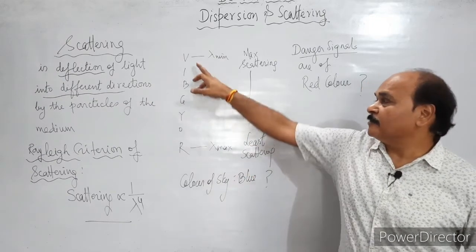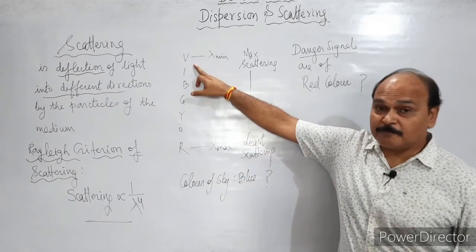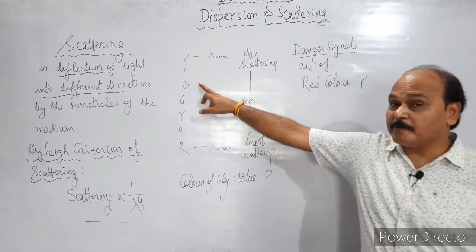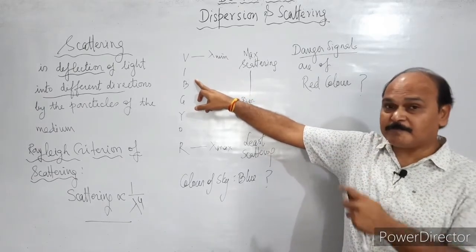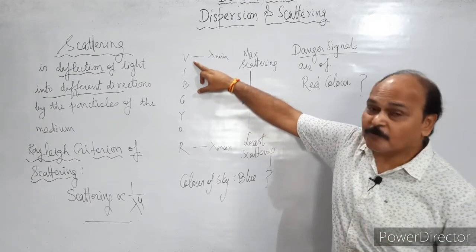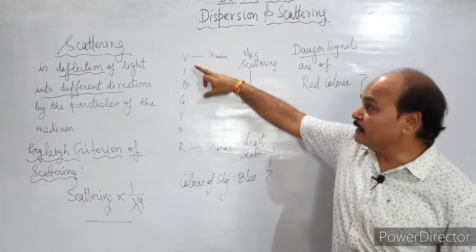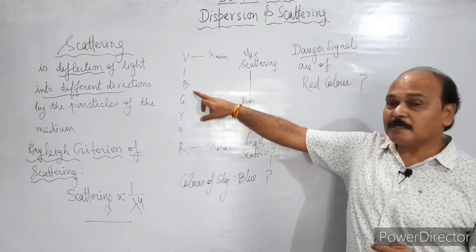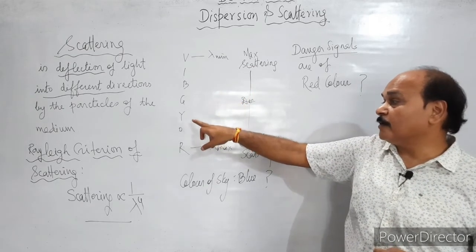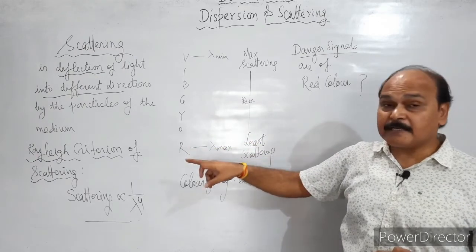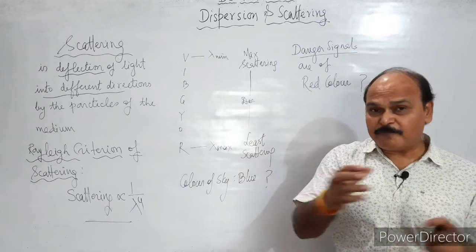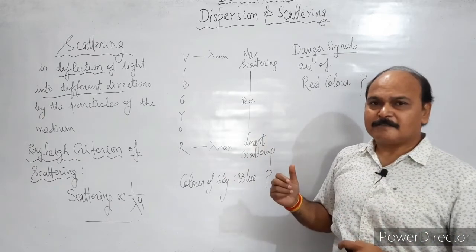We'll see that the very first violet color would become invisible to us, then indigo color, then blue color, then green color, then yellow color, orange color, and red color is invisible only when we have moved farthest.